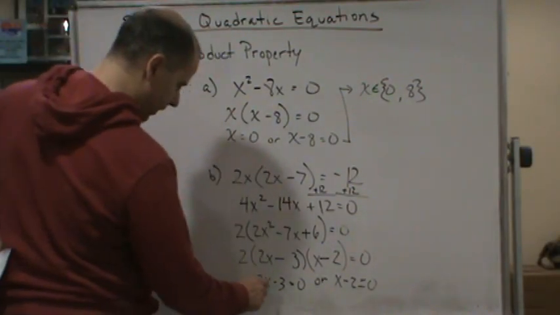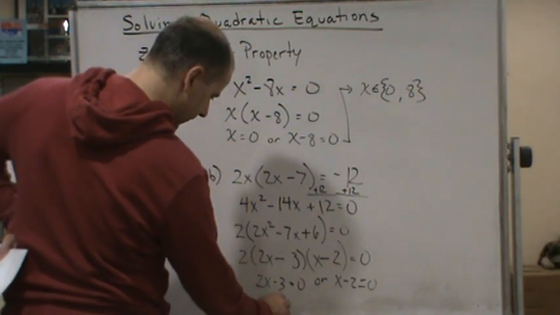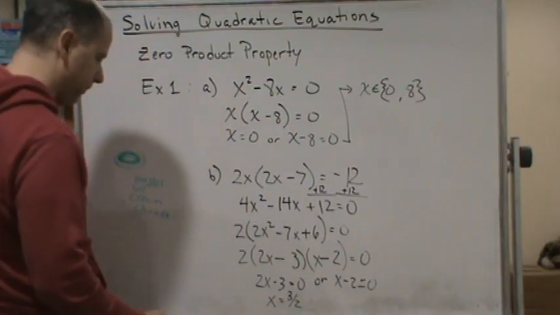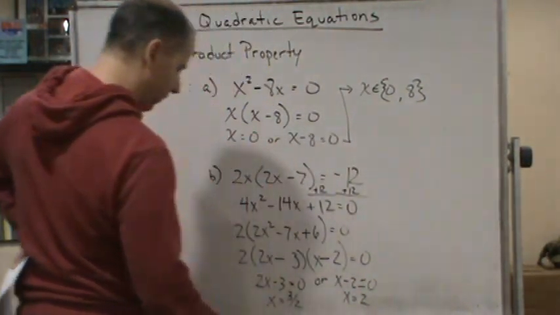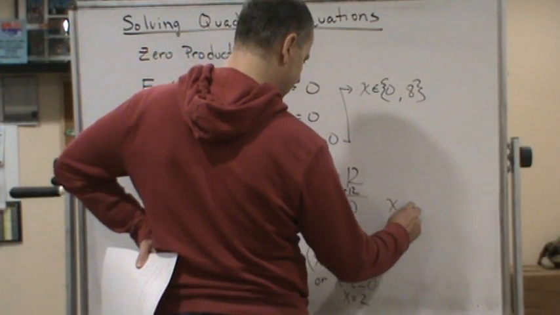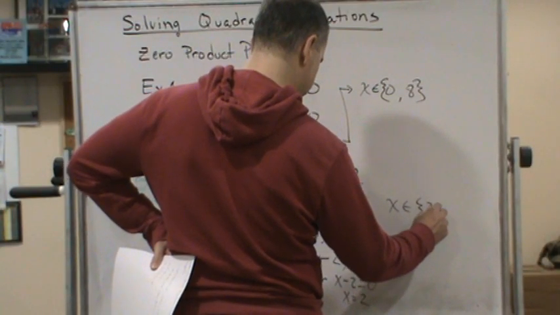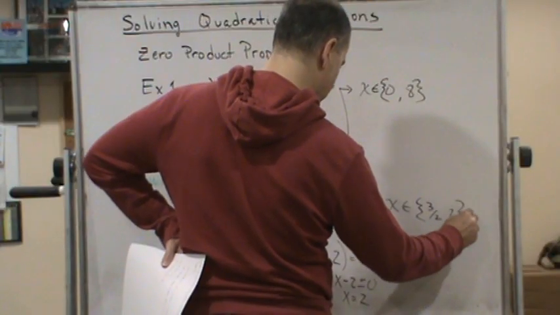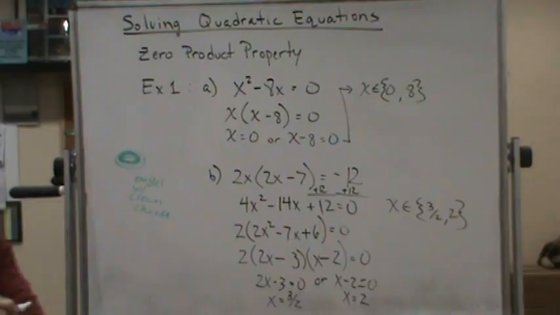So in this case here, when we solve for x here, we get x is equal to 3 halves. And over here, x is equal to 2. And so now our solution is that x is either 3 halves or 2. And that's our solution set.